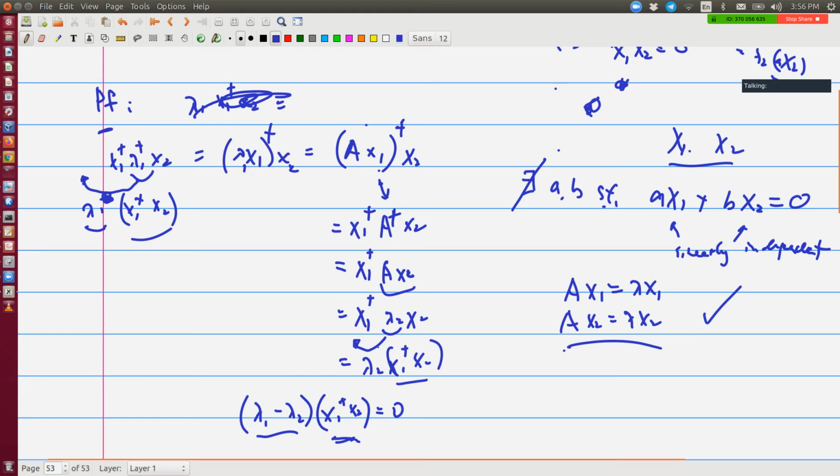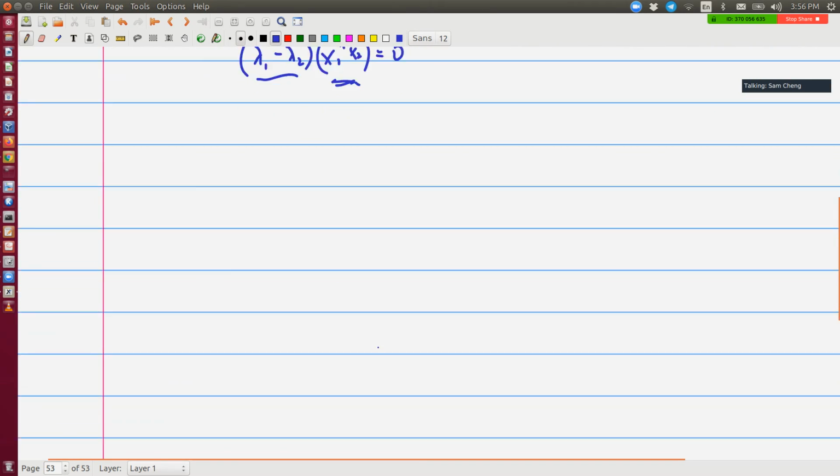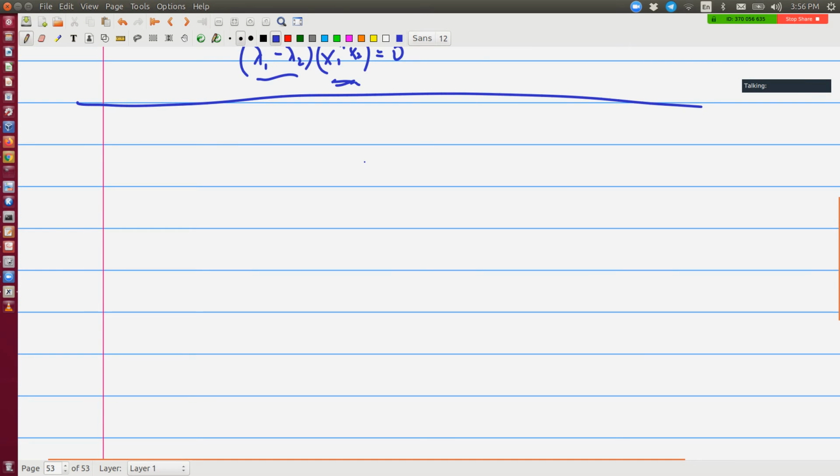With this we can also show that if I have a Hermitian matrix, then it's diagonalizable.